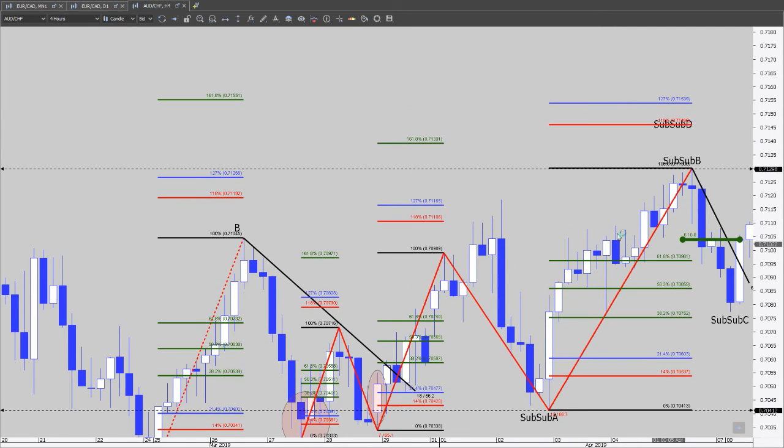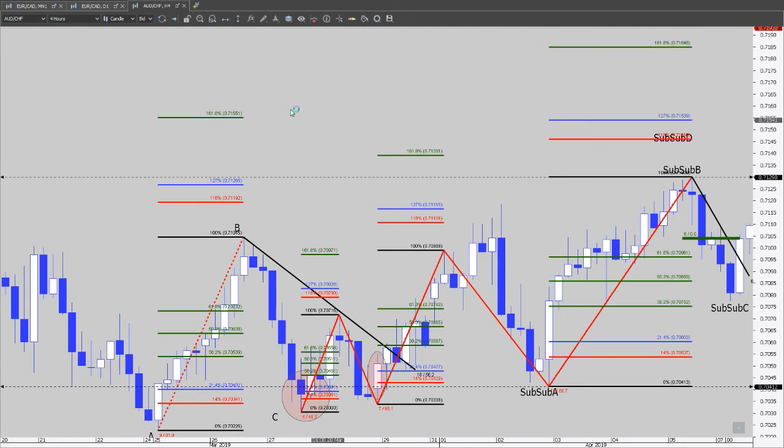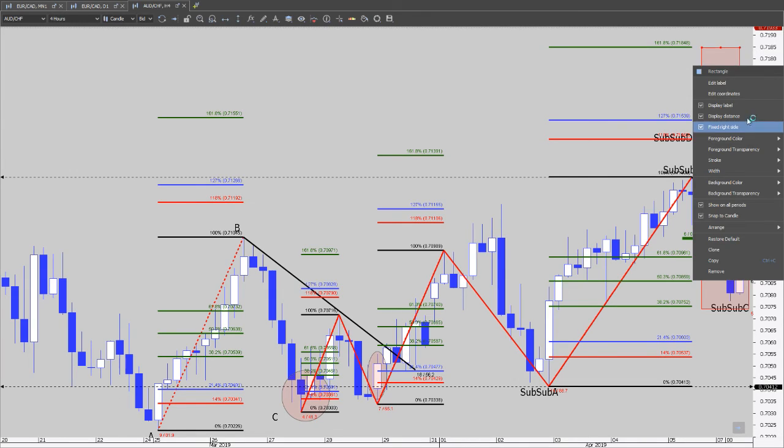Now green goes to green. We are going to put our stop loss 10 pips below the sub C, and we are going to take a ride until the green. Now this risk reward ratio makes sense.